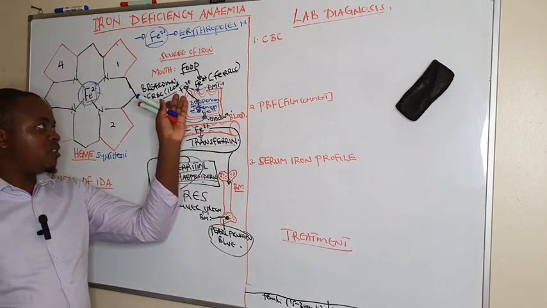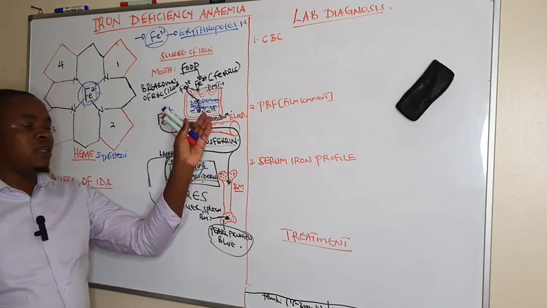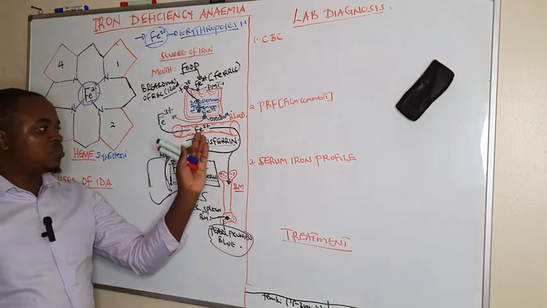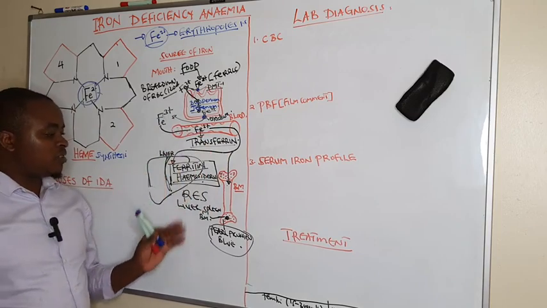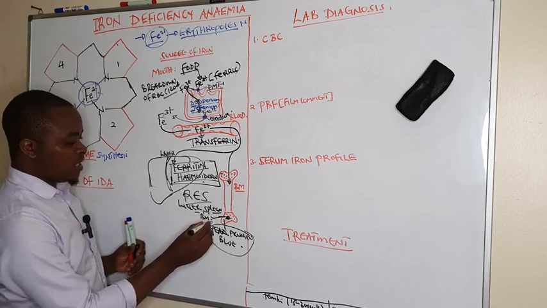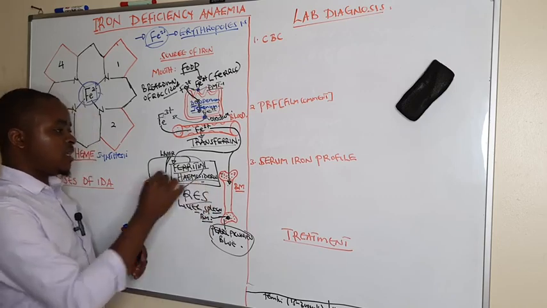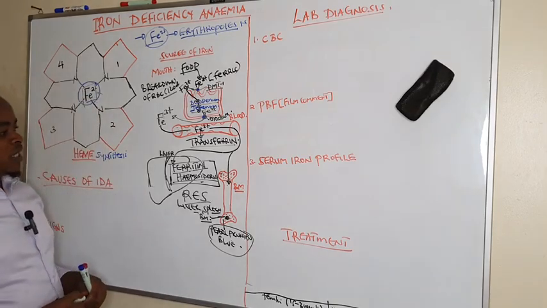Then after being converted to the ferrous state, as it leaves the duodenum on the basolateral side, it is reoxidized to the ferric state, transported by transferrin, and taken to the reticuloendothelial system, that is liver, spleen, and bone marrow, and stored as ferritin or hemosiderin. So that is what we can talk about.